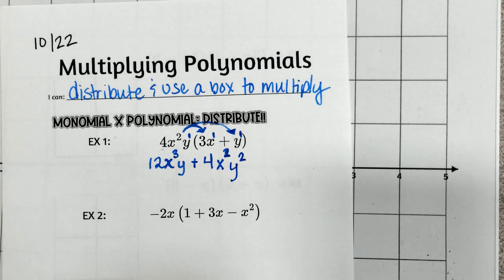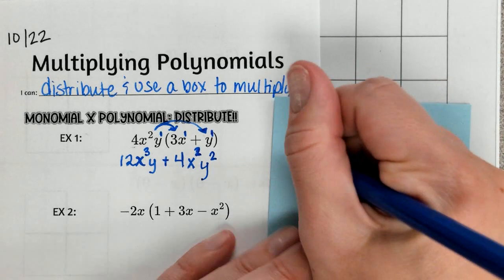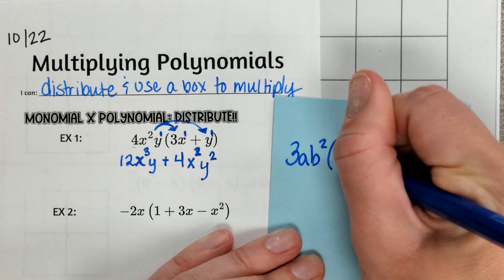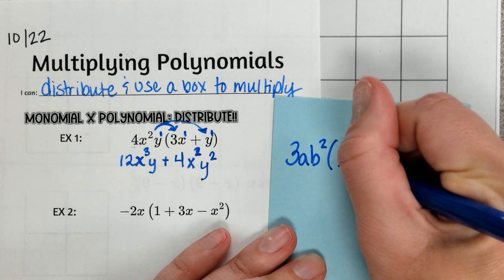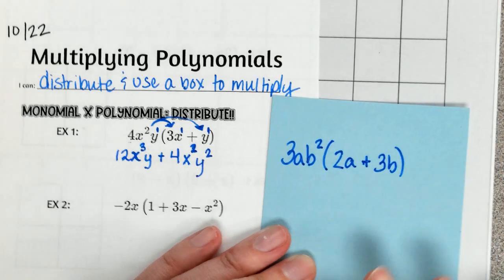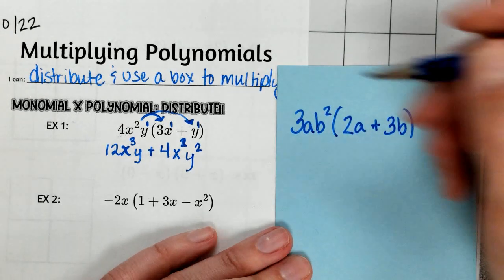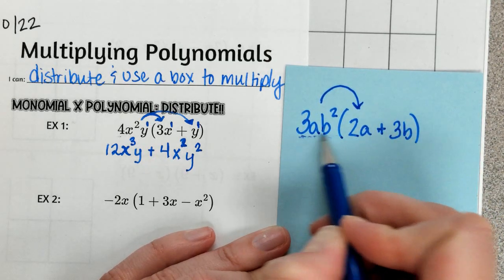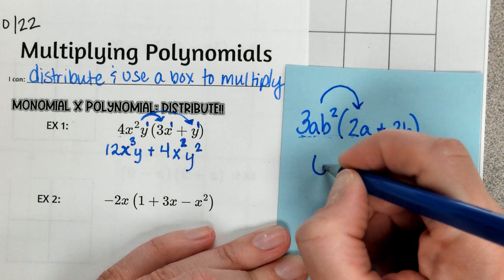Okay? So real quick, if I made another one up, like 3ab squared times 2a plus 3b. I'm going to distribute, remember, this is all one term. This is a monomial. So 3 times 2 is 6.